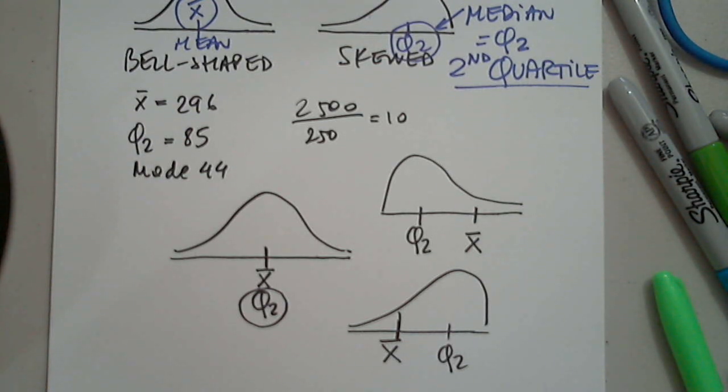So the mean was 31 and the median was 32.2. As I said, not enough information.